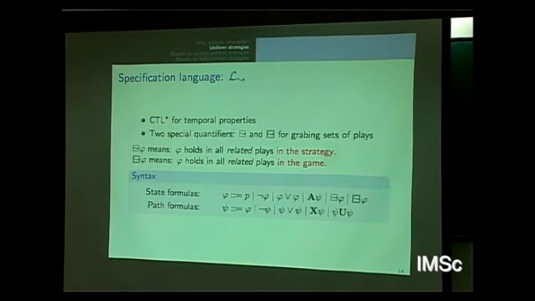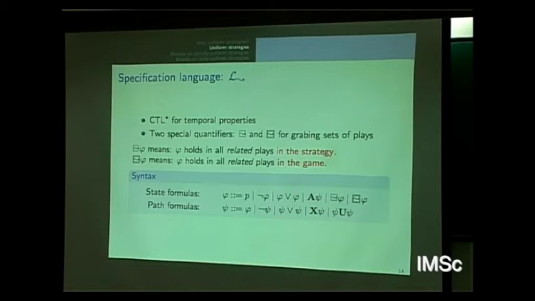And we have two special quantifiers, these ones, that are used to grab sets of plays, of related plays. The first one, that we call the strict quantifier, means that phi holds in all related plays in the strategy.